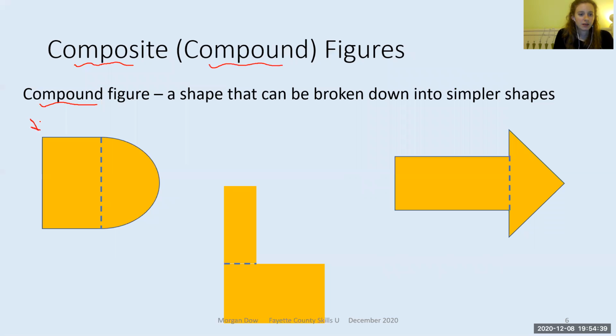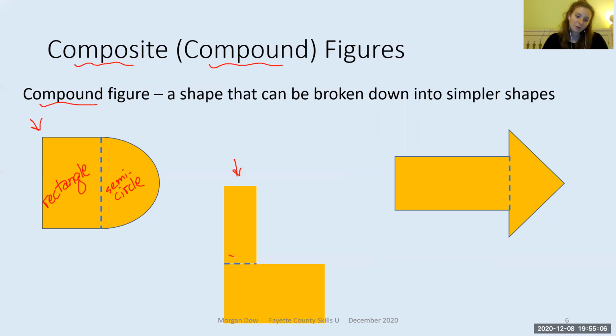So this first example here, this compound shape, you see that dotted line there, I've split it up into simpler shapes. We can split it up into a rectangle and a half circle, which is sometimes called a semi-circle. And this middle shape kind of looks like maybe a factory or a drawing of a house with a chimney.